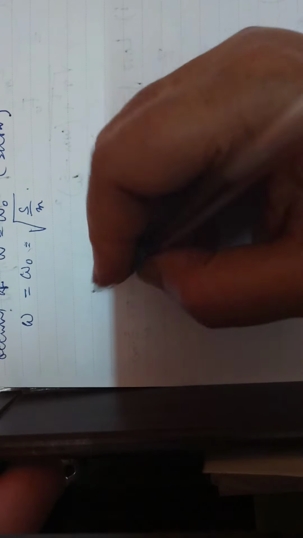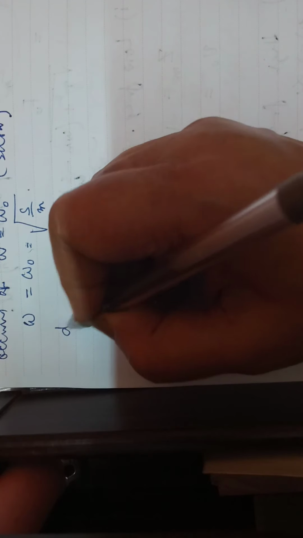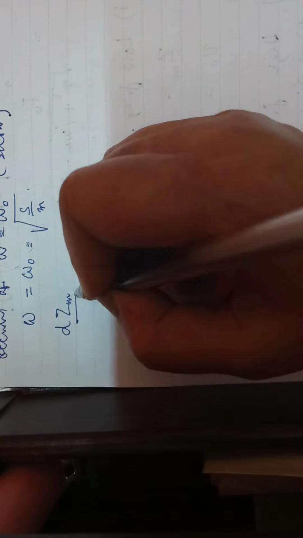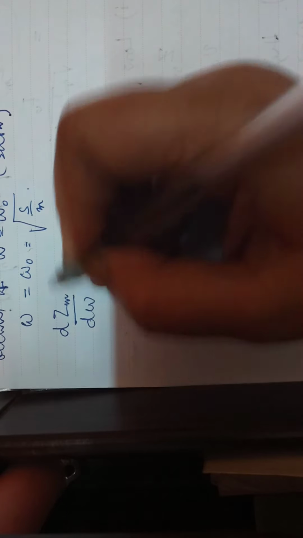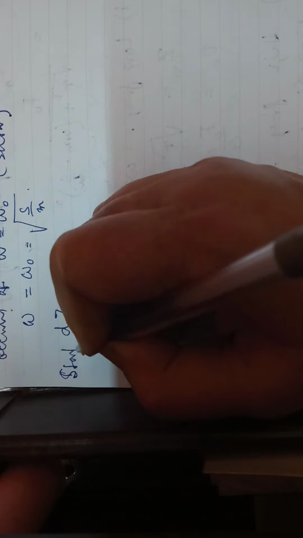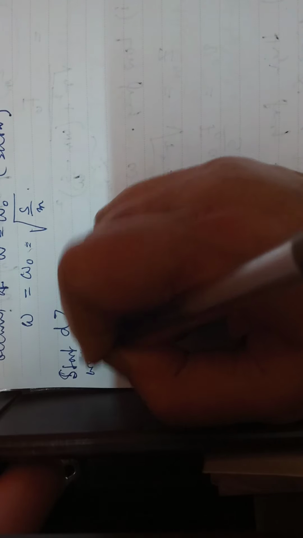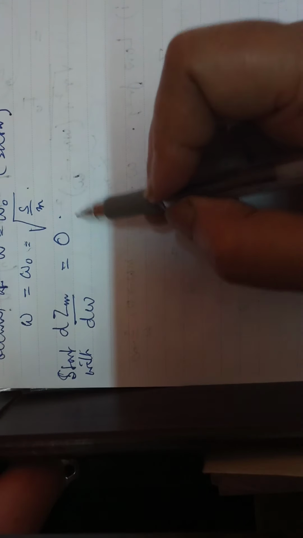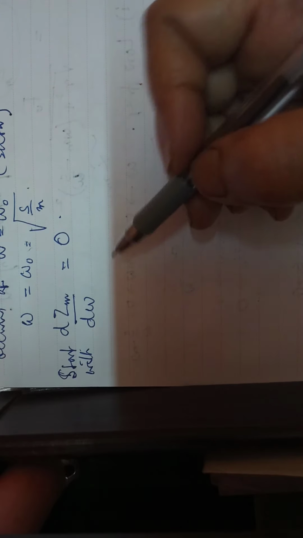You can show this by taking dZm by d omega, starting with dZm by d omega equal to 0. If you do that, you can show immediately that this is happening.